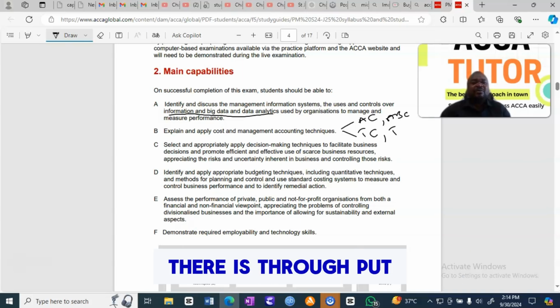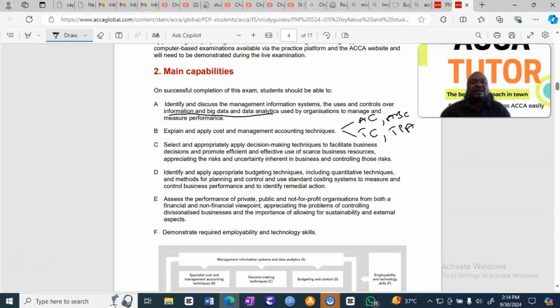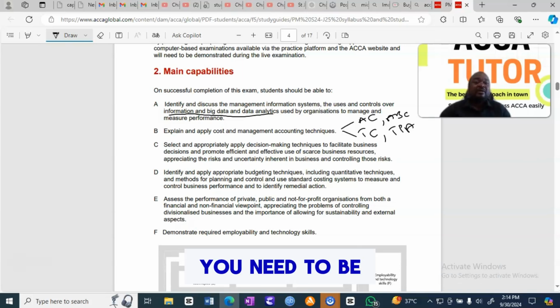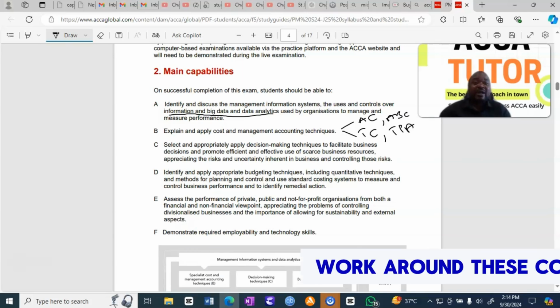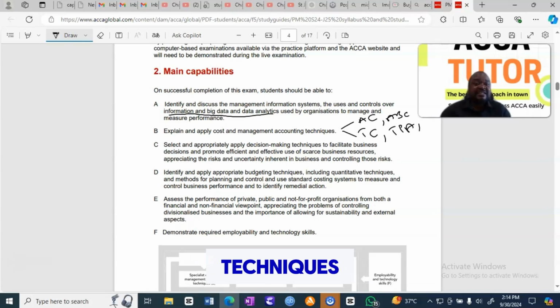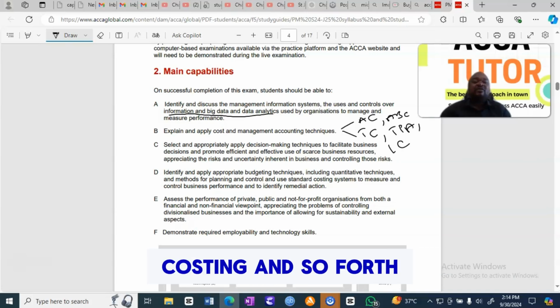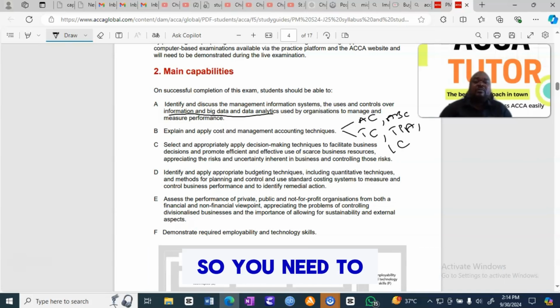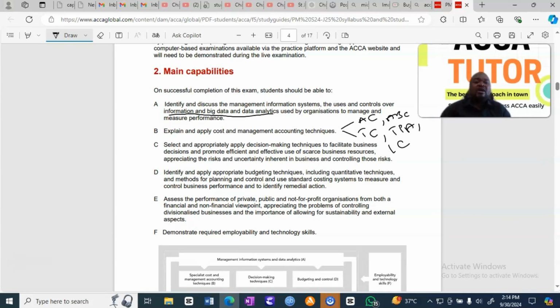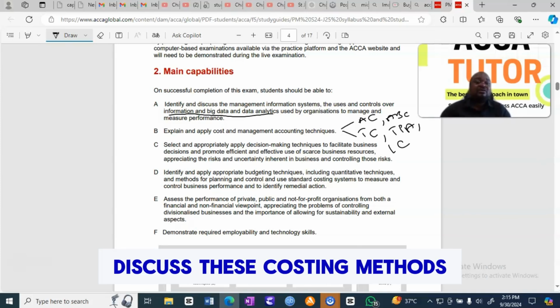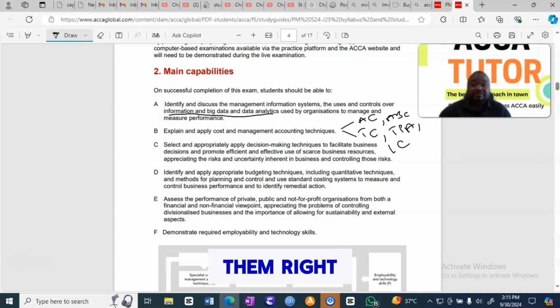There is throughput accounting. You need to be able to work around these costing techniques. There is life cycle costing and so forth. So you need to be able to discuss these costing methods, or sometimes to compute them, right?